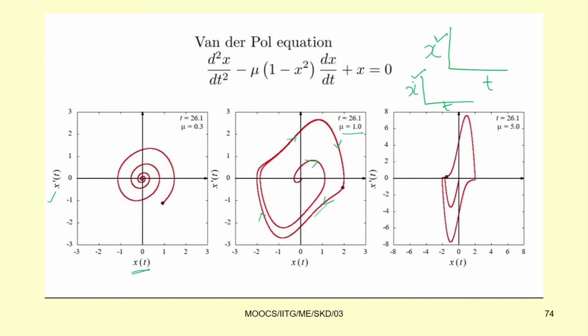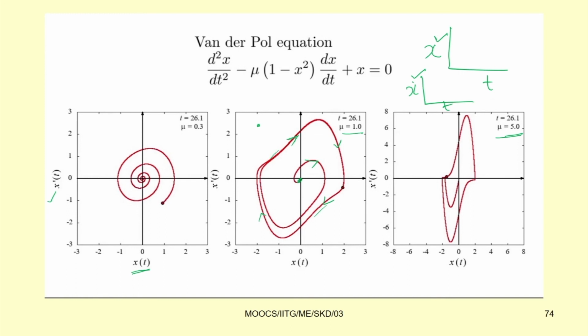By taking different values of mu, you can plot these things and see the phase portrait. Clearly you see the time response, displacement versus time, and velocity versus time. If you take a starting point outside, instead of starting from the origin, you can see that with time it will come to this curve, this limit cycle.